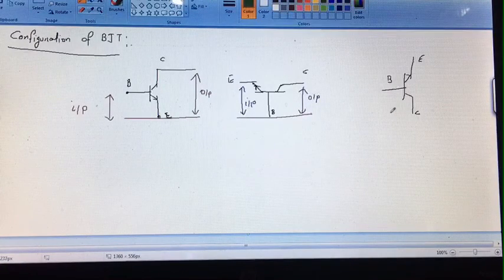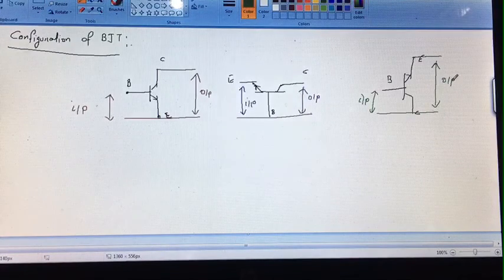And in the third one, base and collector can be used as input terminal, and emitter and collector can be used as output terminal.